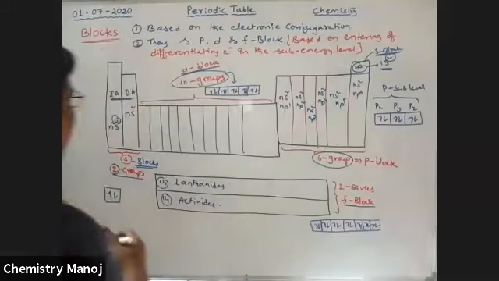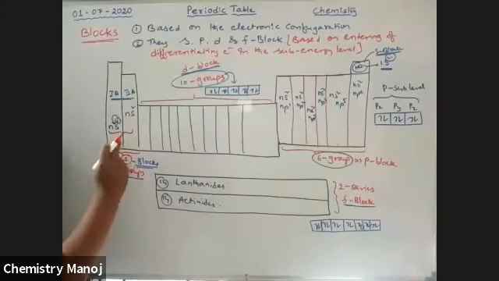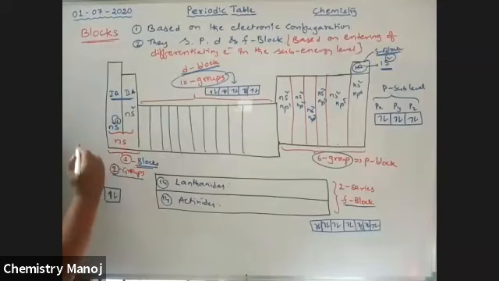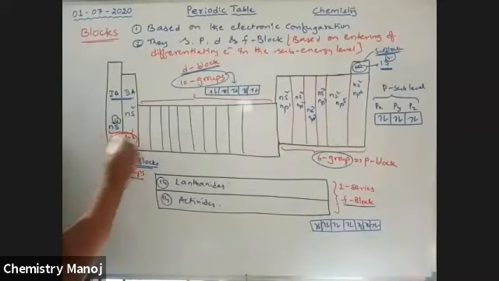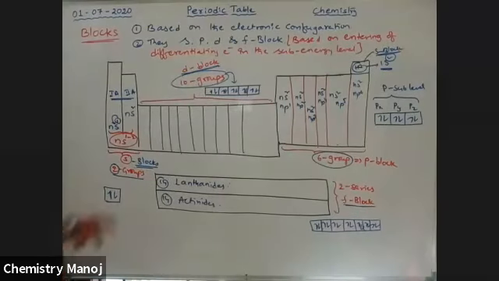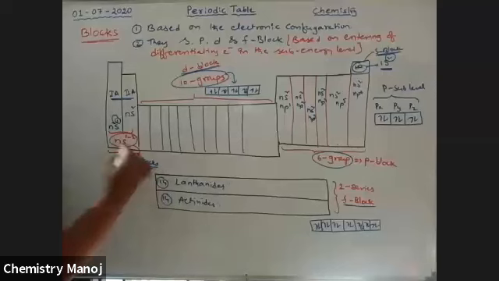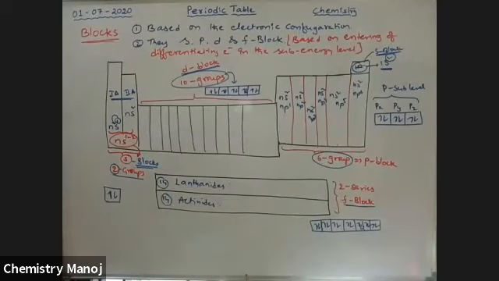Combining them, ns1 to 2 is the general outermost electronic configuration for S block elements. ns1 is for the first group and ns2 is for the second group. In the S block, group 1 and group 2 are available.